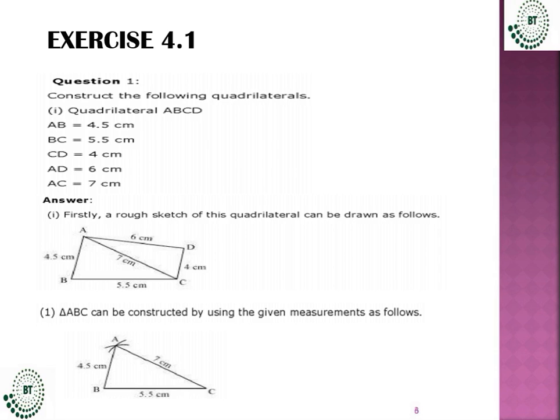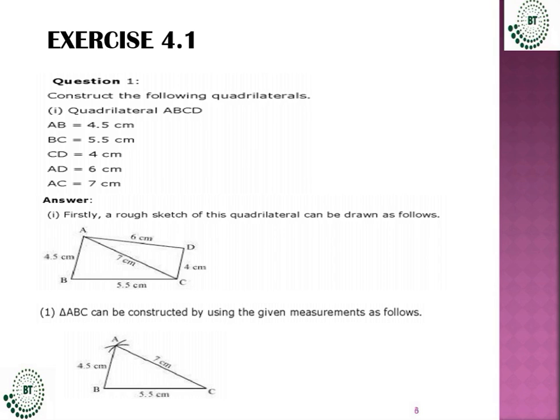I am explaining the detailed construction here. First, just take your ruler and draw a line BC equal to 5 centimeters. I am explaining step by step. You have drawn BC equal to 5 centimeters.